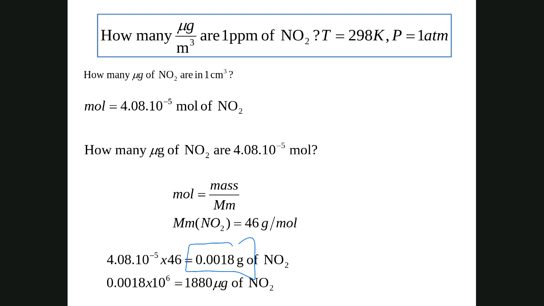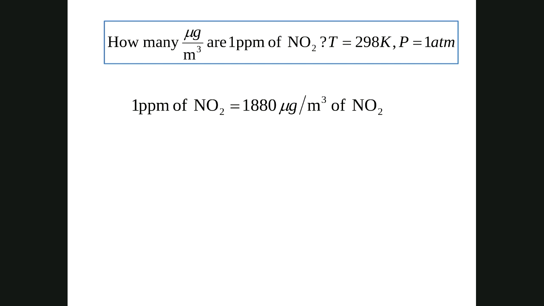So multiplying by 10 to the 6 gives us our answer, 1,880. So in 1 cubic centimeter of nitrogen dioxide, there are 1,880 micrograms of nitrogen dioxide. And now we have our answer. 1 ppm of nitrogen dioxide is 1,880 micrograms per cubic meter of nitrogen dioxide.